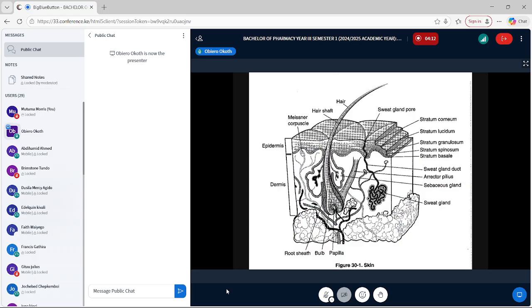We're showing the hair shaft, the sweat gland, and normally there's the pore there. So we'll see, like in acne, these pores get blocked. Okay, and the dermis, normally there are two layers, what we call the papillary dermis up here, and then down here is normally what we call reticular dermis.